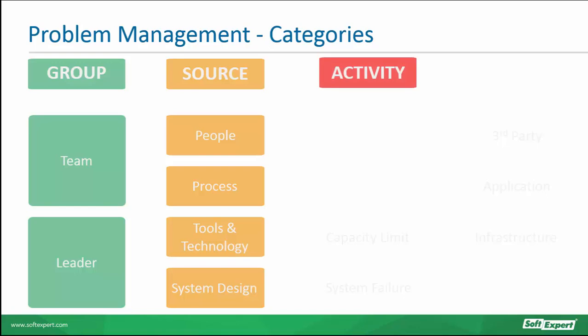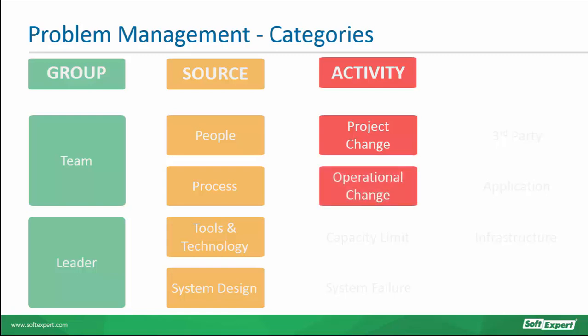Next up, we have the activity. What was going on when the problem happened? Was it a project change, an operational change, a capacity limit, or a system failure? By project change, were there changes driven by a project activity? Okay, generally adding new functionality or capabilities.